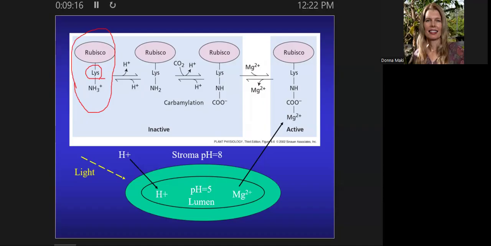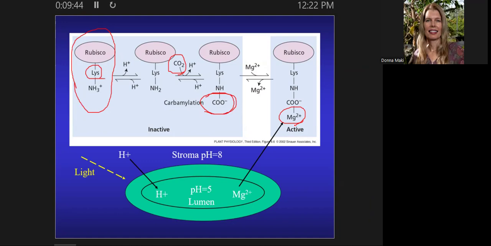And here's your activator carbon coming in, and it binds to the amino group of the lysine residue, the lysine amino acid. So that's the carbamylation reaction, okay, in the carbamate form, but it's not quite done. It has to then get a magnesium attached to that activator carbon.